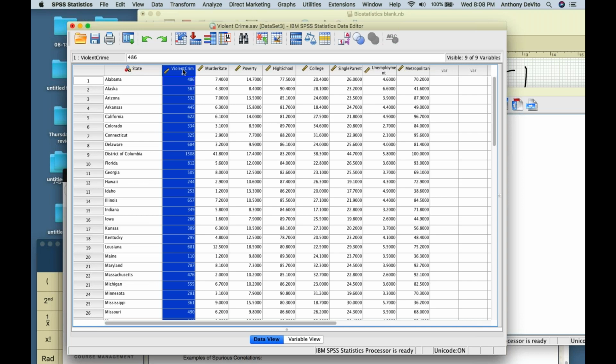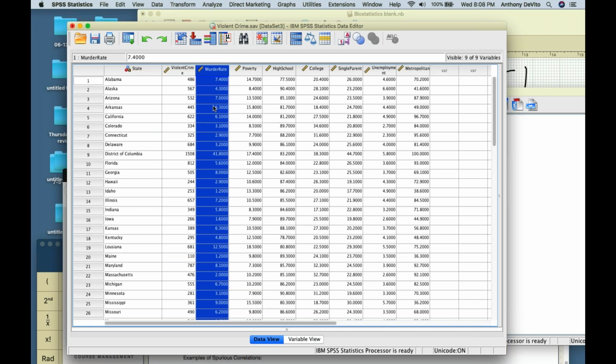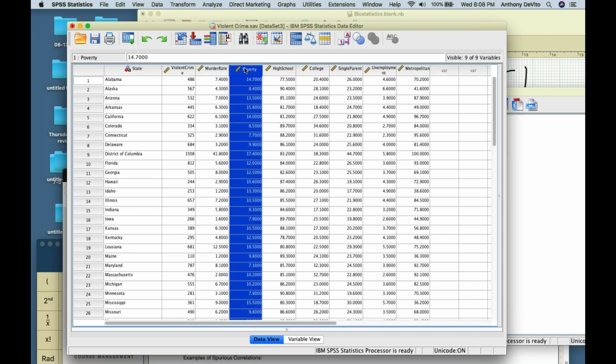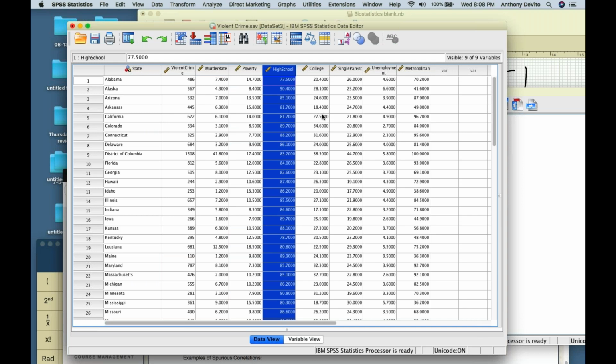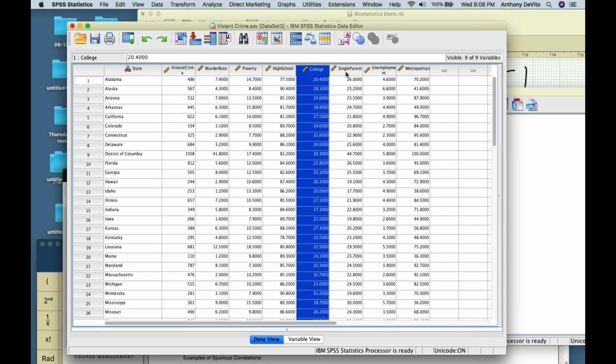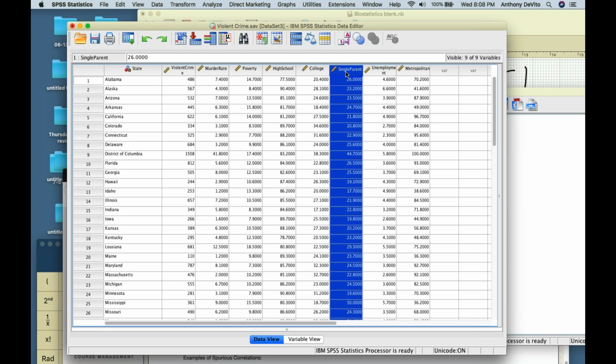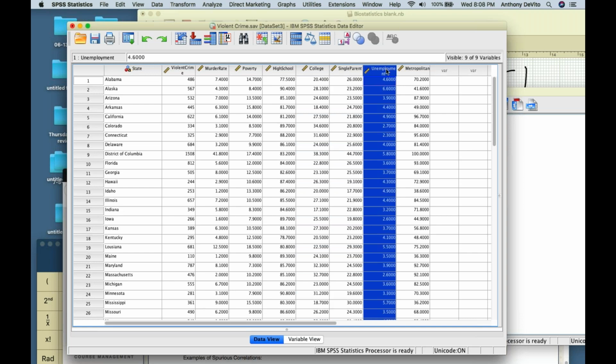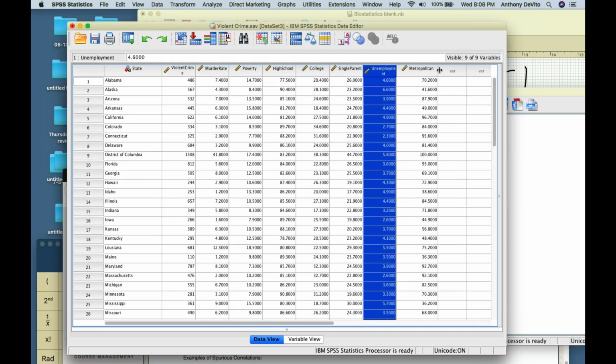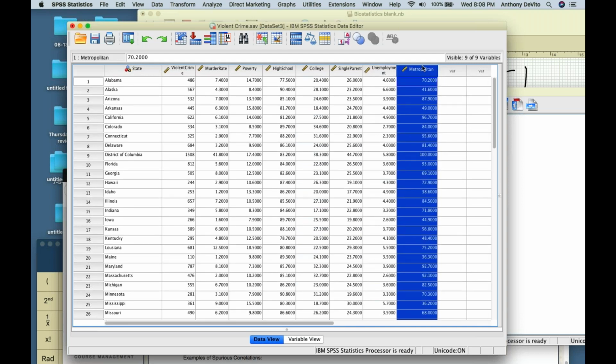These are all numerical variables: the violent crime rate, the murder rate, probably a number per 100,000, the poverty rate, which may be a percentage, the high school graduation rate, the college graduation rate, the proportion of families that are single parent households, the unemployment rate in that state, and some sort of measure that predicts whether that's an urban or rural setting, metropolitan or rural.